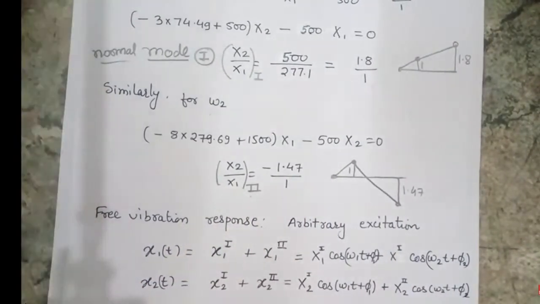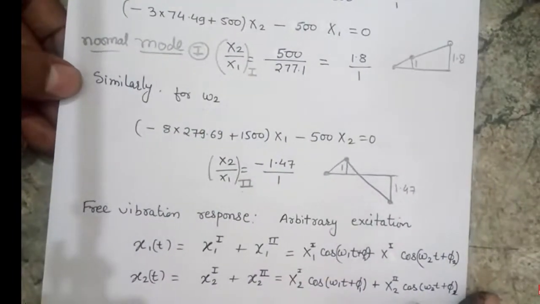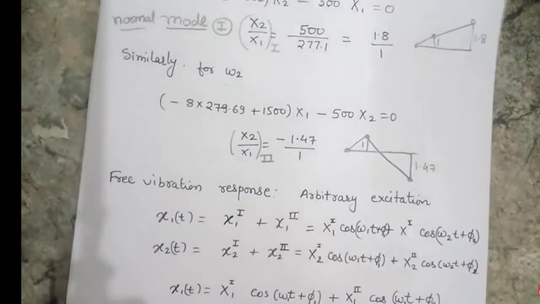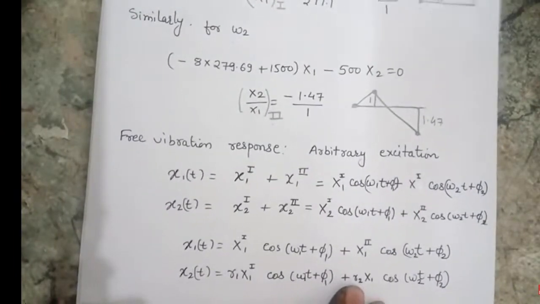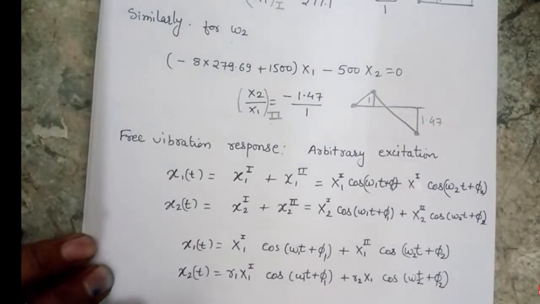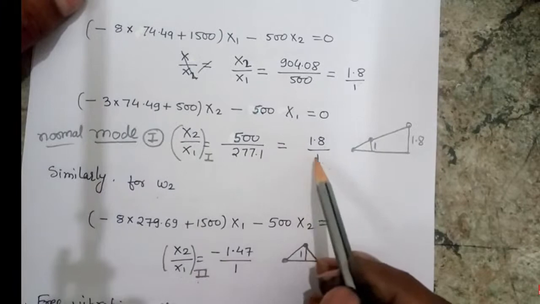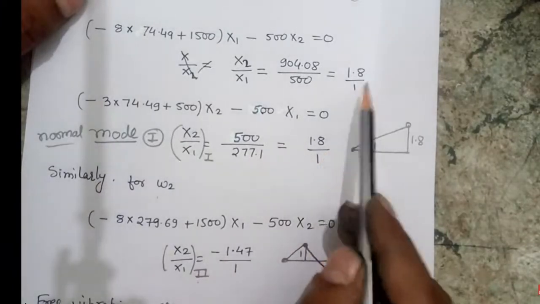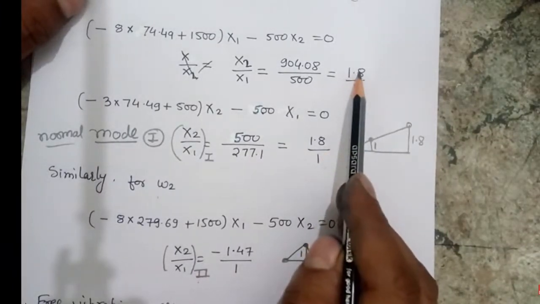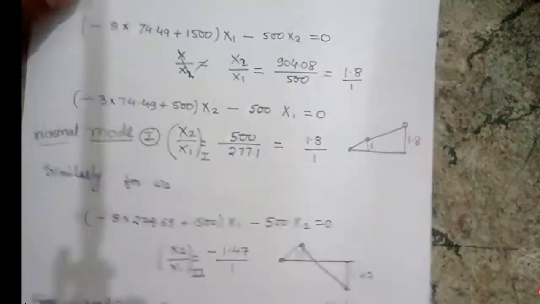After getting the two normal modes, the next job is to find the actual response of the system, and for that purpose, we have to understand that if the system is moving with the first natural frequency, it will behave with a unique solution: the first mass will move 1 unit and the second mass will move 1.8 units, and both masses will move in the same direction.